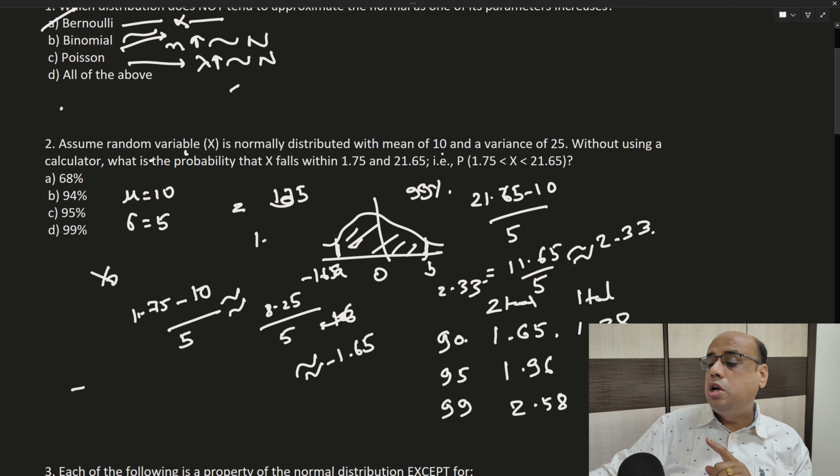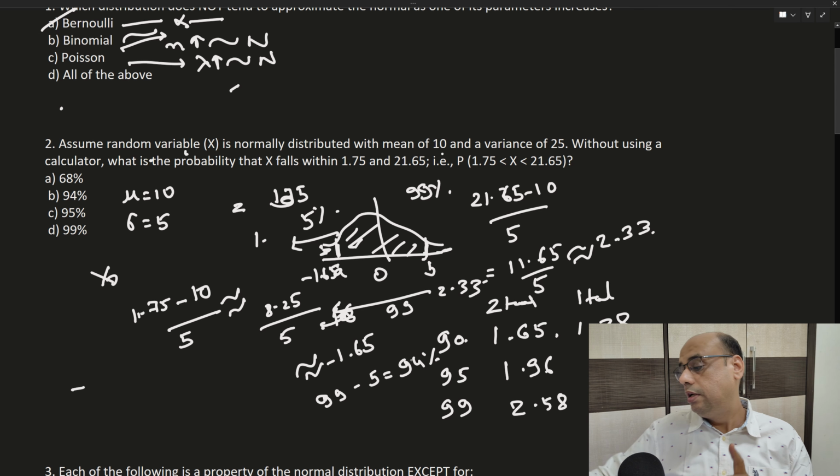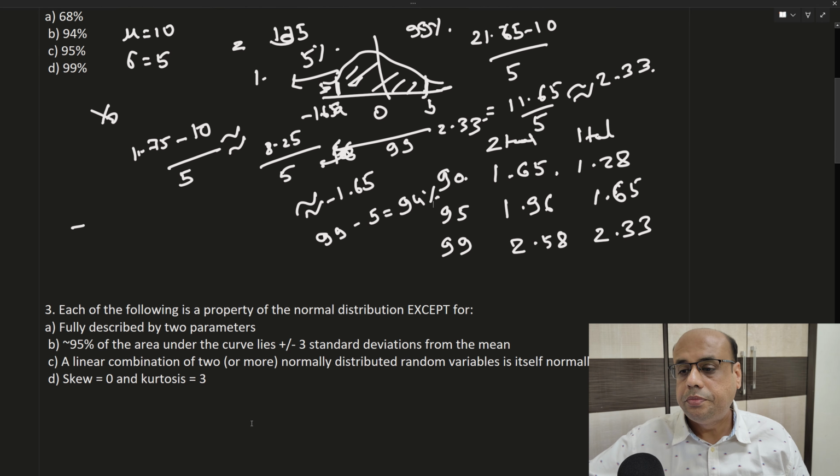No, it is not 10%, it is 5%, because this is two tail and this 10 is divided into 5 this side and 5 this side. So to the left of B is 99%, and to the left of A is 5%. So the area between them is 99 minus 5, which is 94%. This is the answer, which is option B.